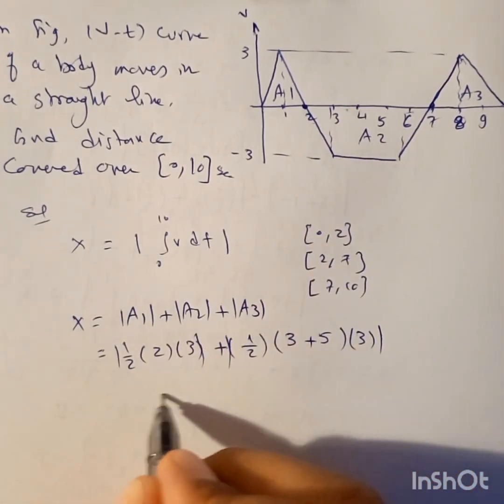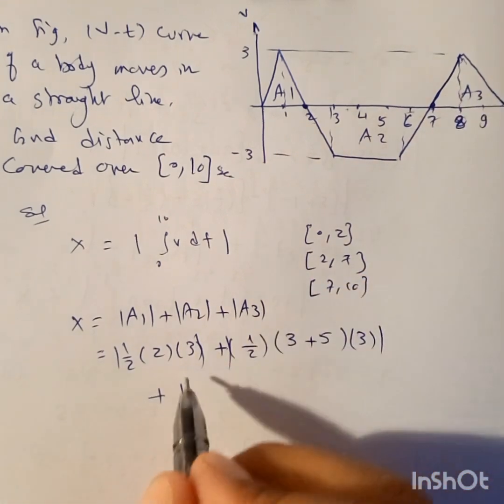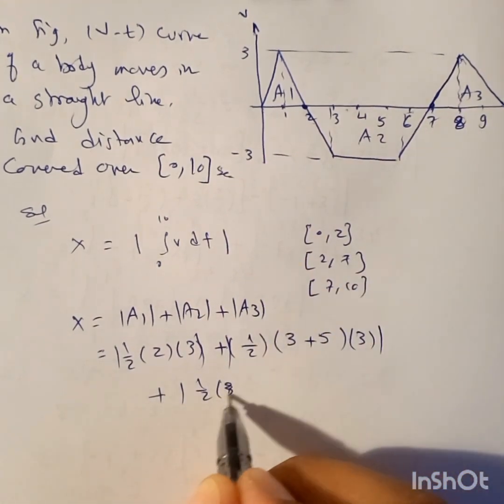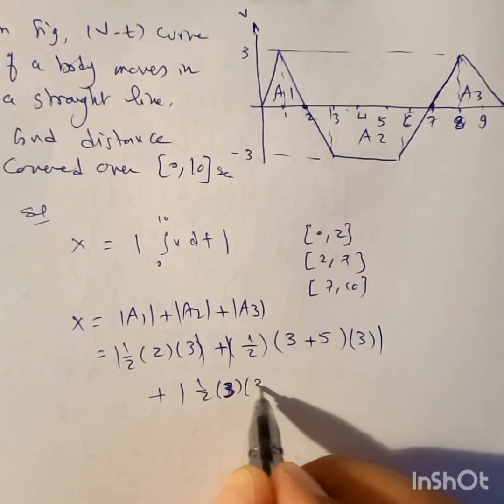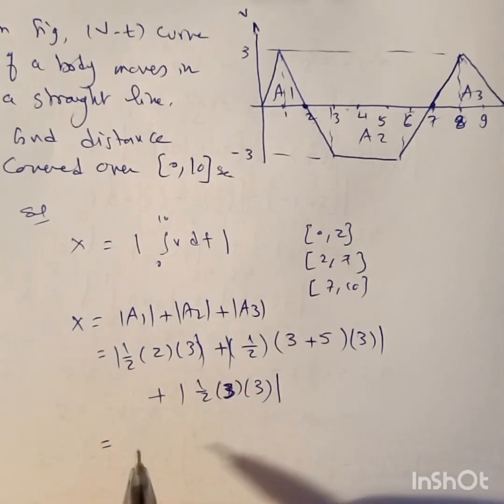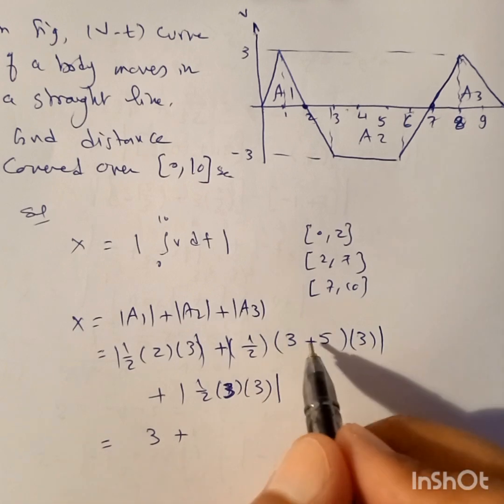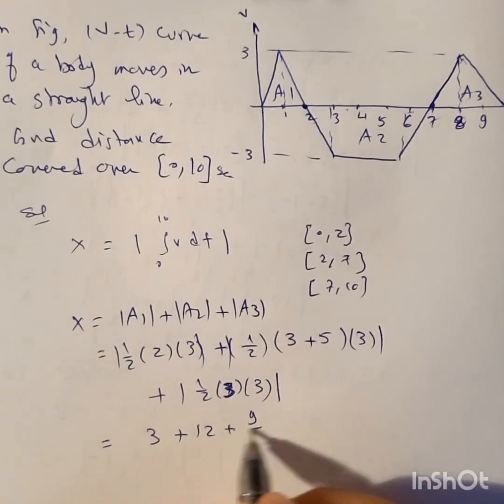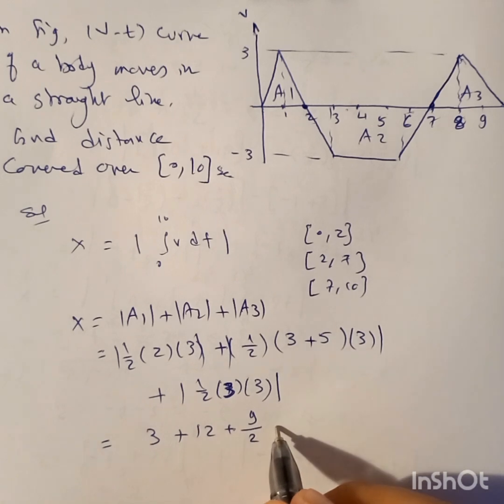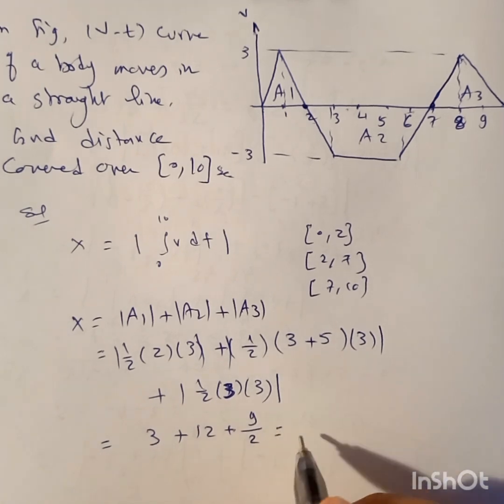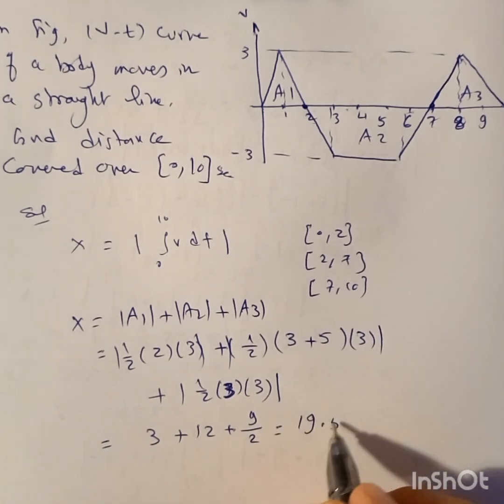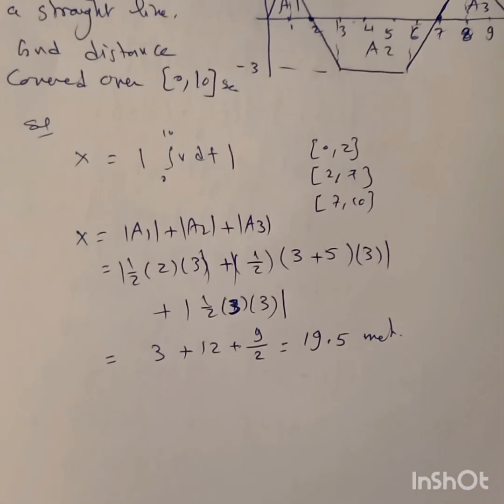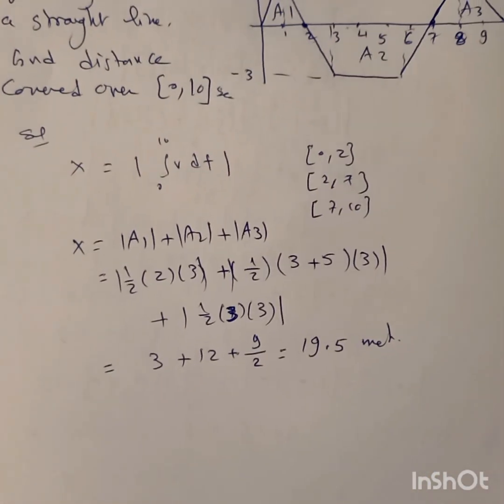Plus we have the area of this triangle, half, base from 7 to 10 is 3, and height here is 3 as well. Then we have 3 plus 12, and here 9 over 2, then we have 19.5 meter.